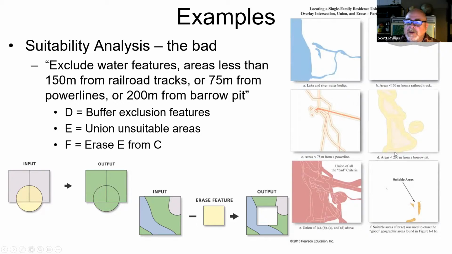Let's say we can union together all of the unsuitable areas. So here, these are all the things that met the bad criteria. Then we take our data set, which was the good, we can erase out the bad, and these are the suitable areas that are left.